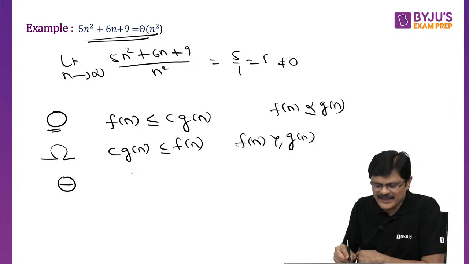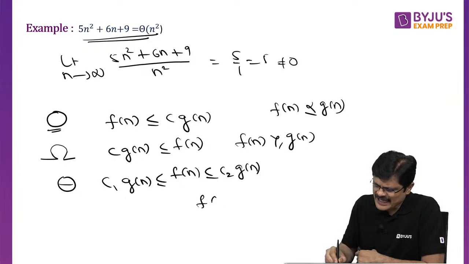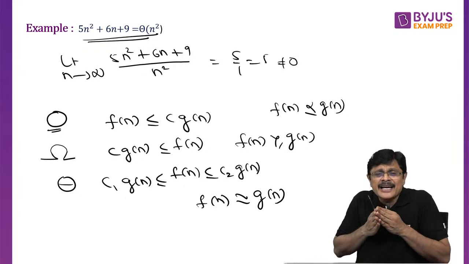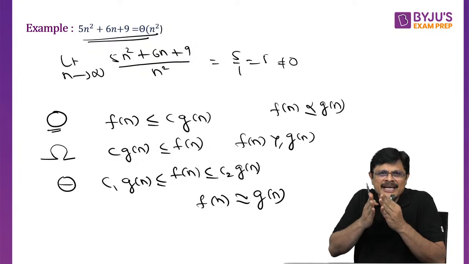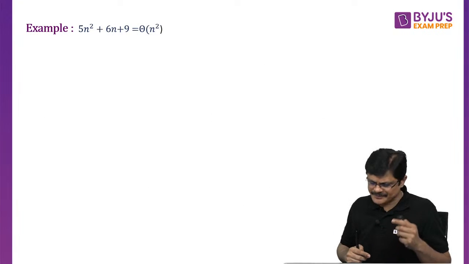What do you mean by big theta? In this case, some constant times g(n) is less than or equal to f(n) is less than or equal to some constant times g(n). This means f(n) has equal order of growth as g(n). That is, it grows as fast as g(n), not more than that. Am I clear?